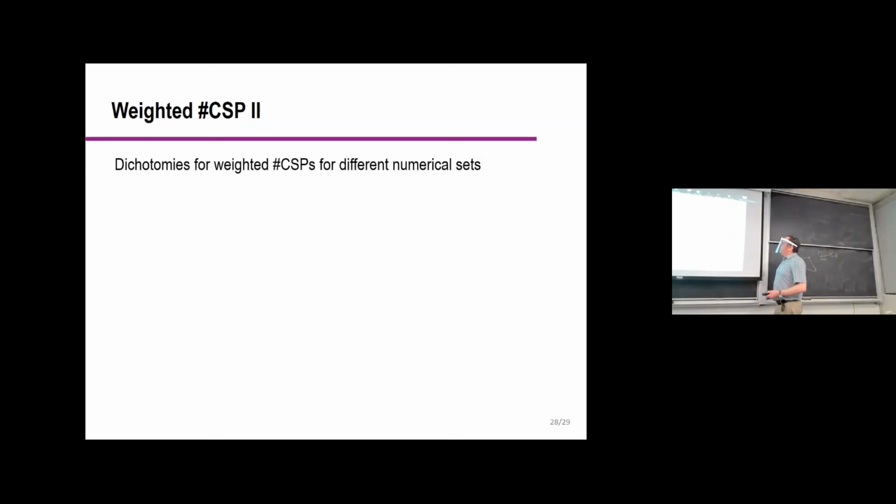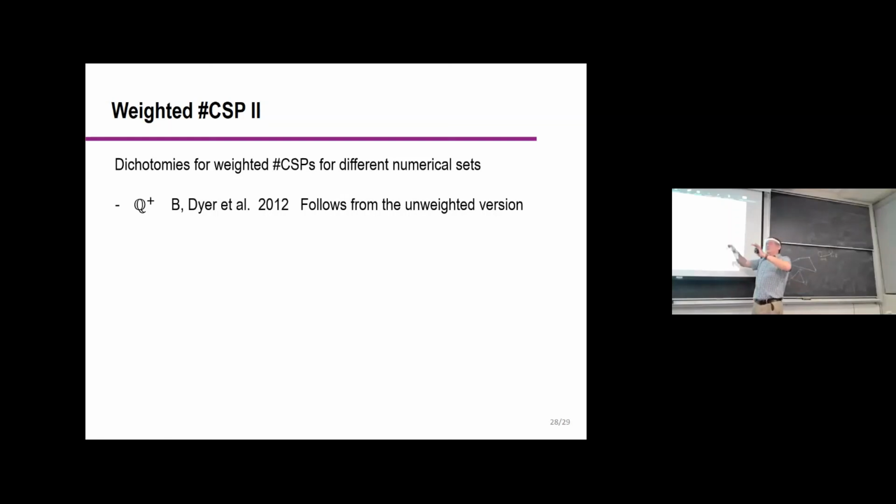So what do we know about that? For all these weighted CSPs, we also have dichotomies, and I mentioned some of them. It's not a complete list. It's been a kind of process. For positive rational numbers, the dichotomy can be derived fairly easily from the unweighted case. You just simulate rational weights using the numbers of elements, things like that.